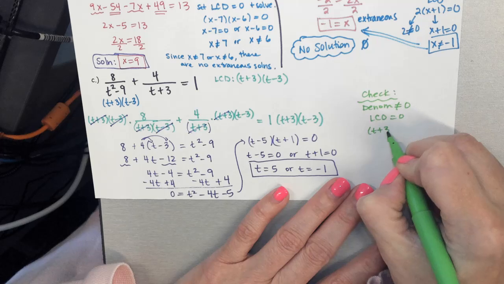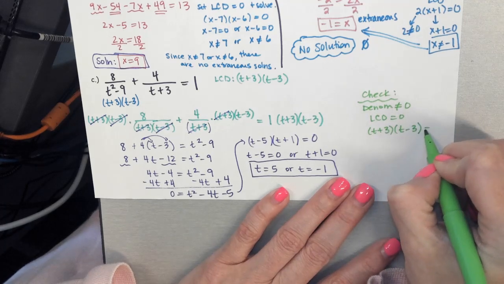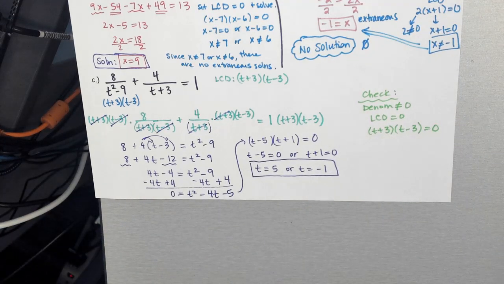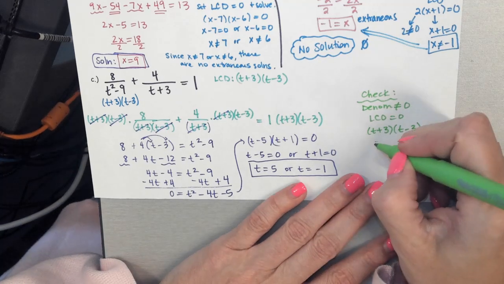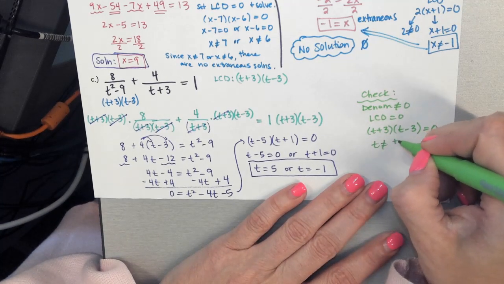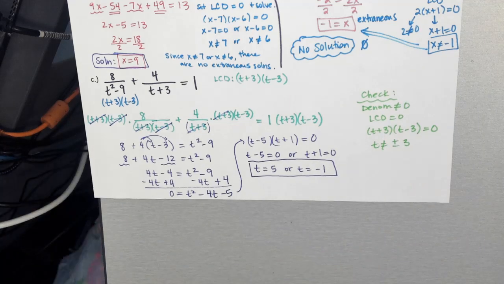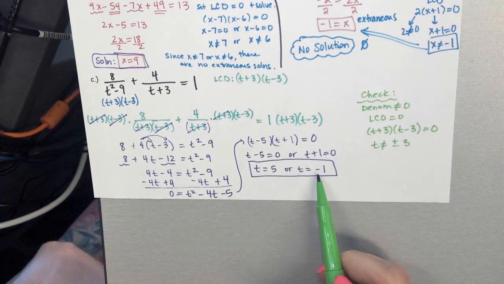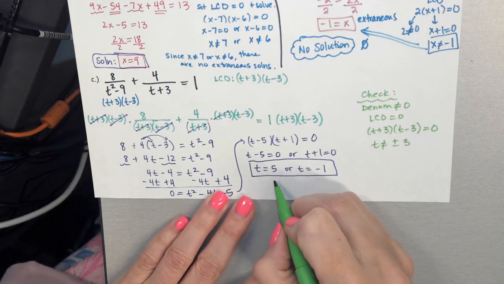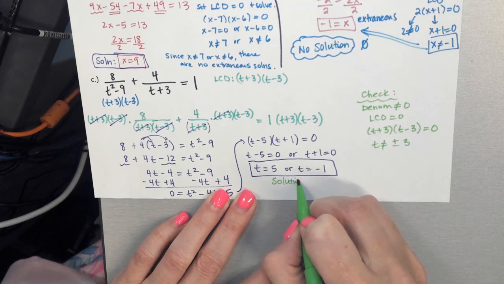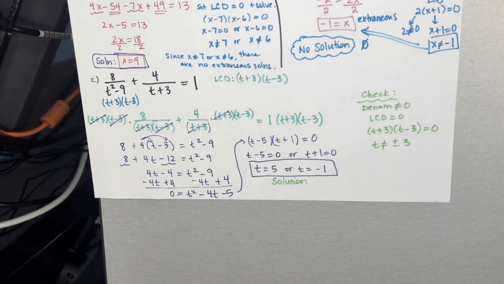So if we have t plus 3 times t minus 3 is equal to 0, what are the two values t can't be? Yeah. Okay, so this isn't 3 or negative 3, same thing here, so this is going to be your solution. Okay, so both of those are viable solutions for this. Okay, and those are all of your equations.